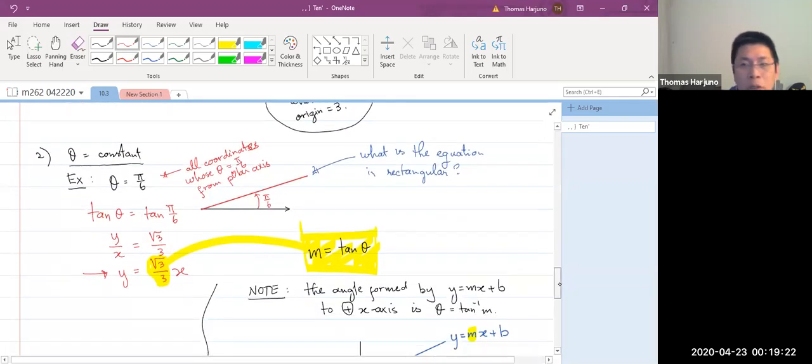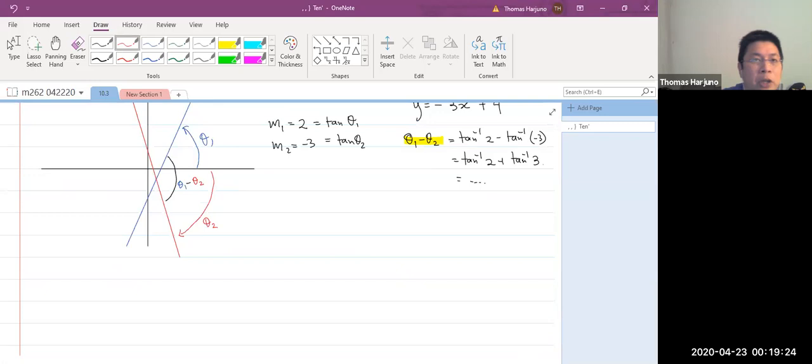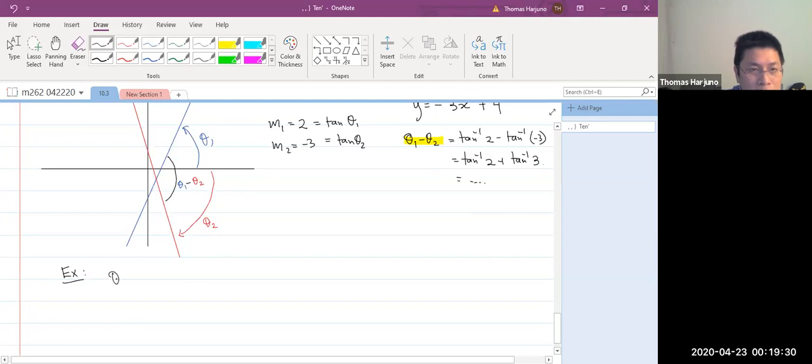Theta equals a constant. Now let me change the question to be a bit harder. What happens if I make theta equal to 2? Not a nice number. Then what does it look like? First of all, let's say this is the polar axis.